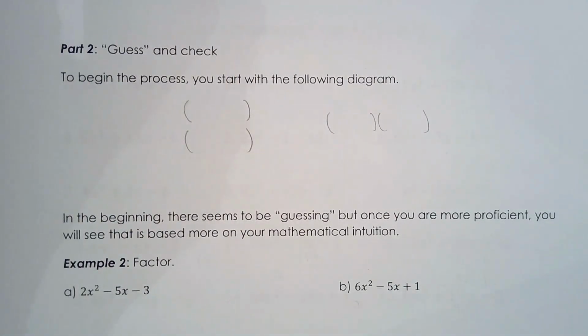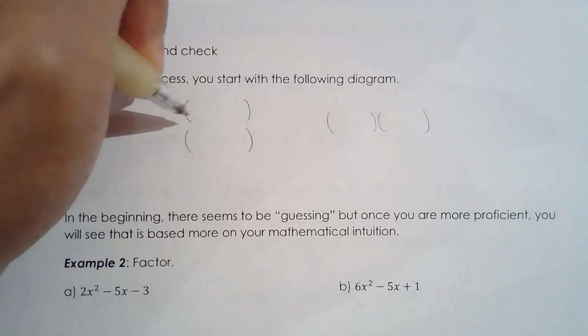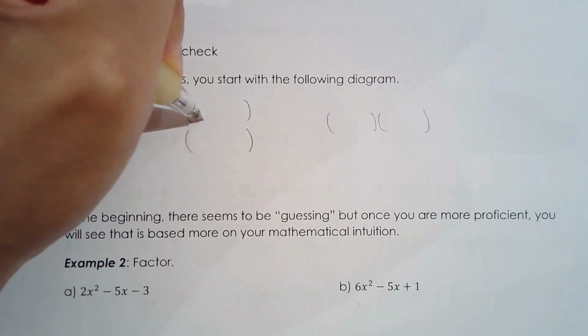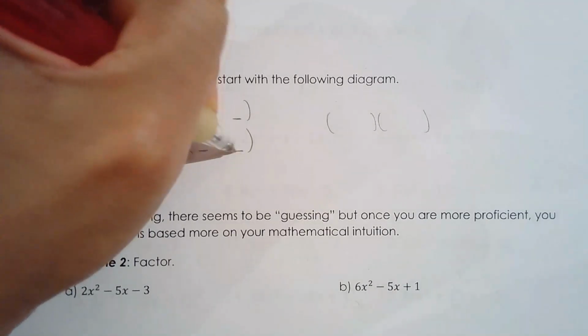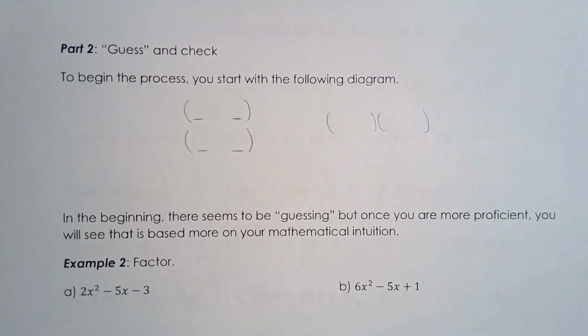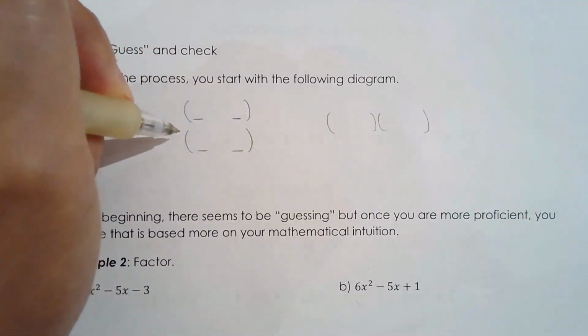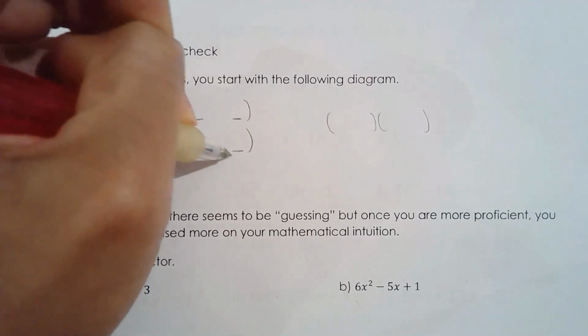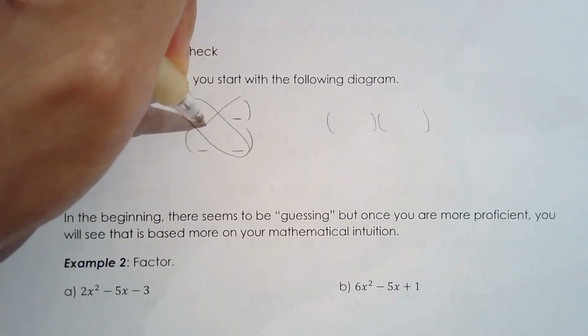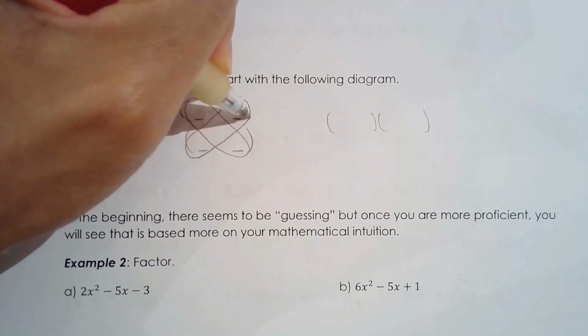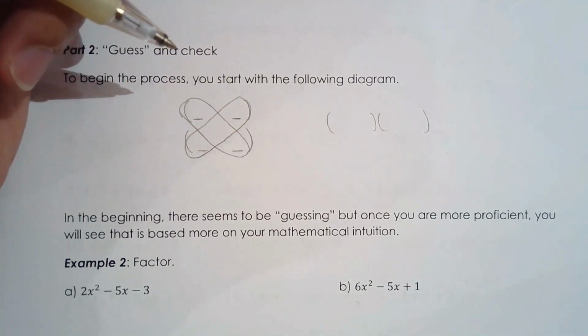Okay, so I don't know what the binomials are, but let's say there's a mystery term here, mystery term there, there, and there. Okay, so we're also going to draw these hot dog looking shapes.